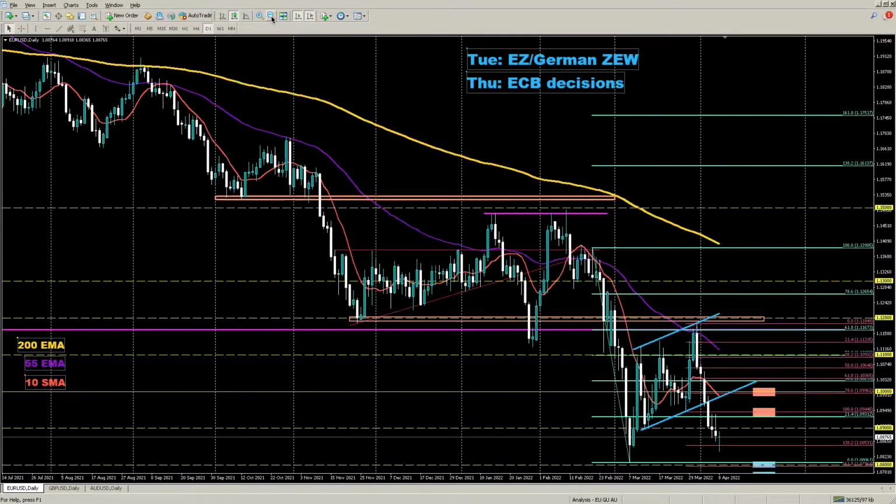Okay, let's also take a look at the US dollar index, the DXY, to see how it correlates with the euro here.